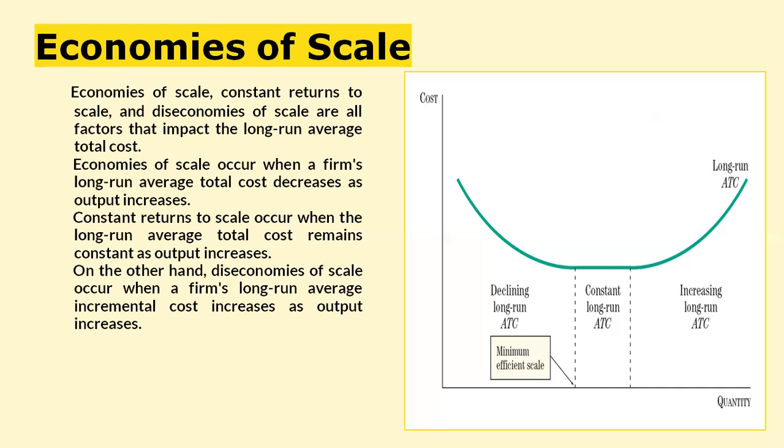On the other hand, diseconomies of scale occur when a firm's long-run average total cost increases as output increases.